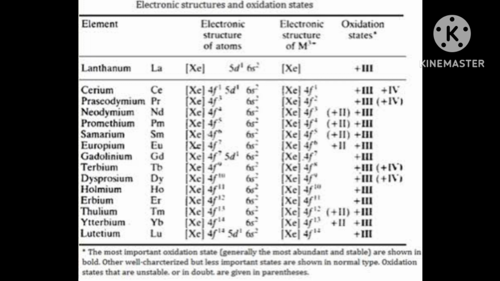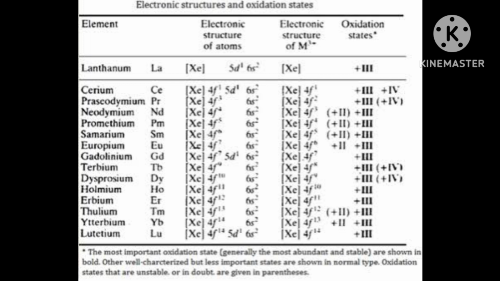Lanthanum, La, is the first member, atomic number 57. Cerium is Ce. Praseodymium is Pr, P and a small r.